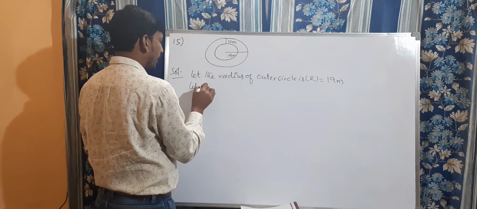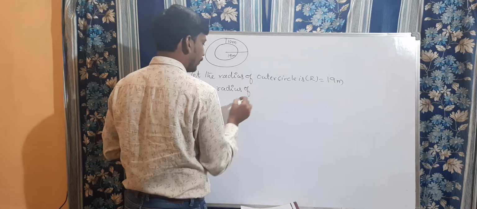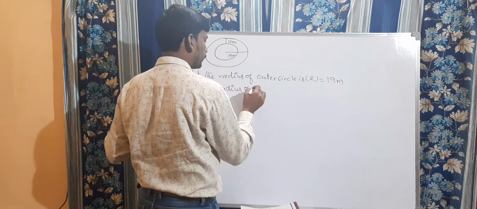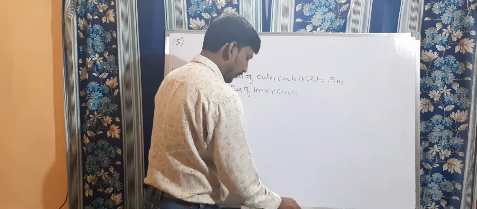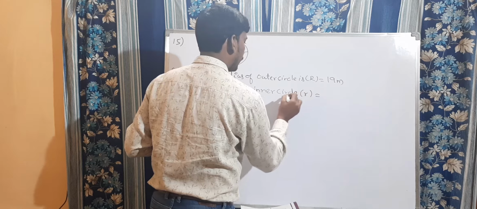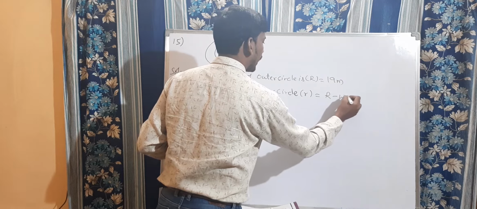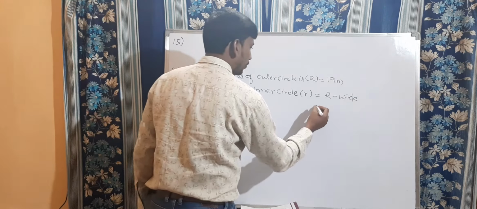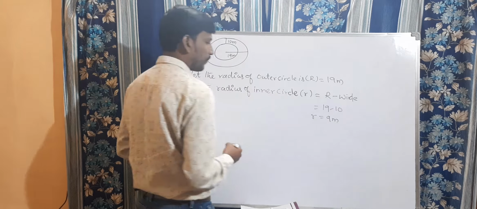Okay, let the radius of the inner circle, which is smaller, be equal to capital R minus width. Okay, where width is equal to 10 meters, which implies 19 minus 10 is equal to 9 meters. This is smaller, right children?